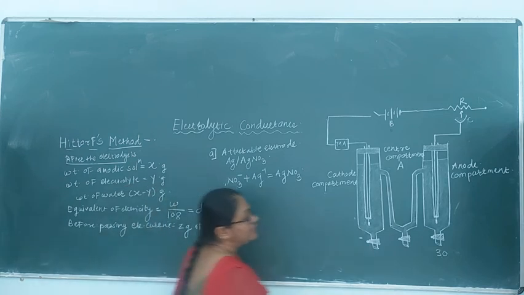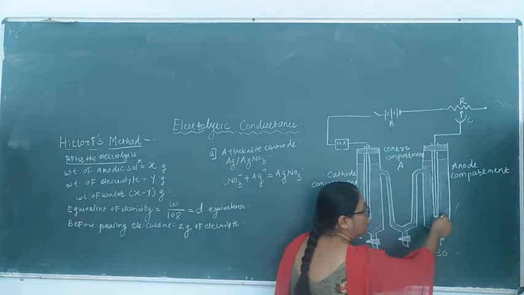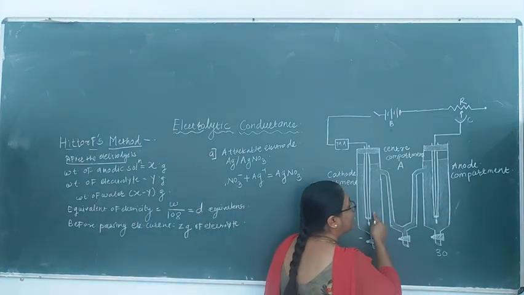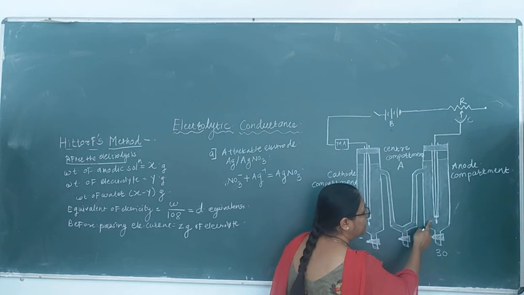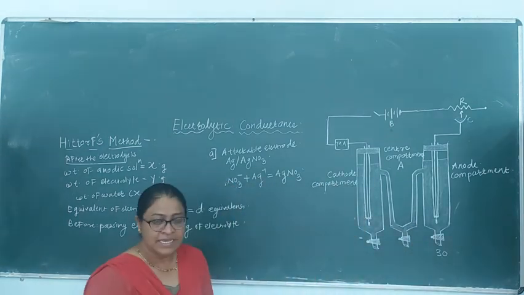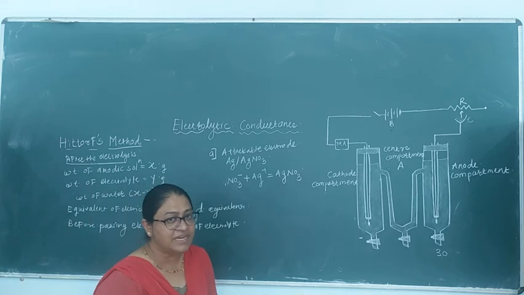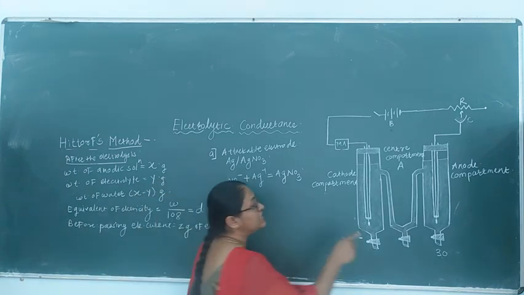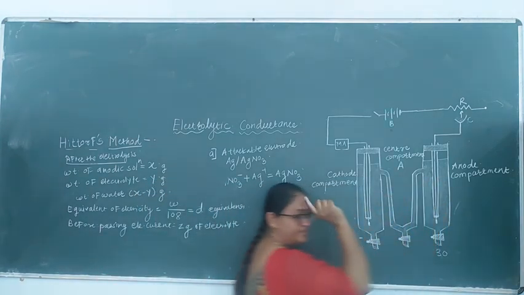That means here already AgNO3 is present. Due to migration of NO3 minus ions here, more formation of silver nitrate takes place. That means the concentration of silver nitrate will increase in this compartment.